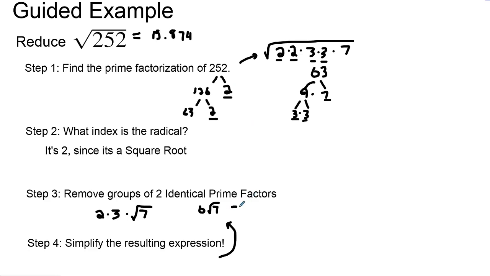And when I do, I indeed get the exact same value, 15.874. So 6 square root of 7 is the reduced radical for square root of 252.